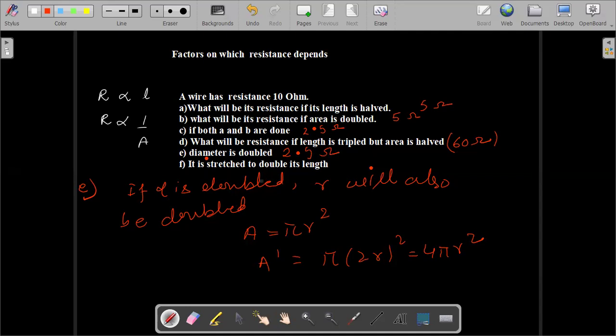And for F, it is stretched to double its length. 20 ohm. Just think of it again. Stretched to double its length.